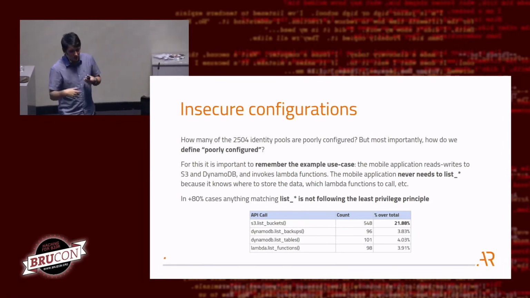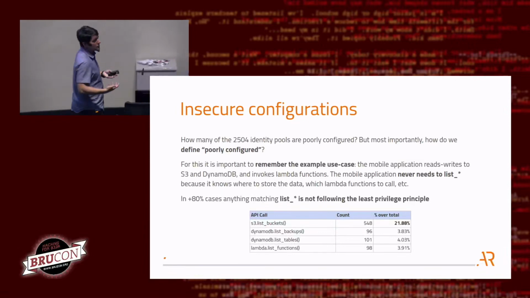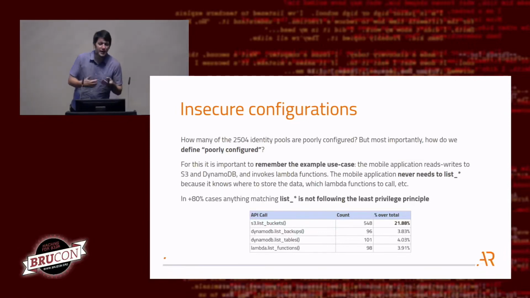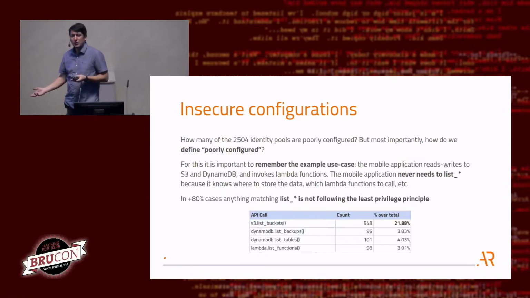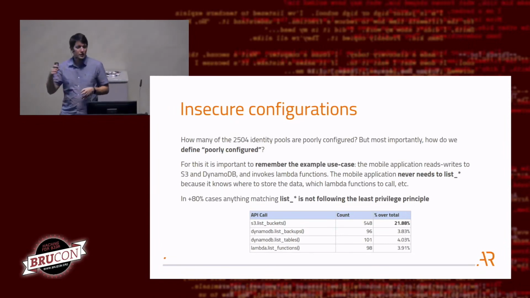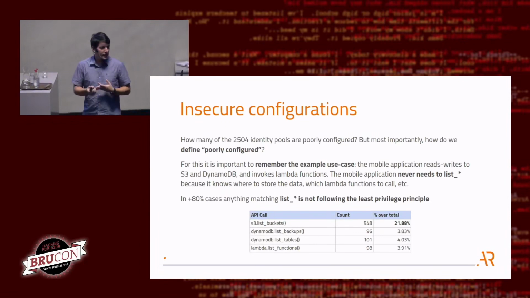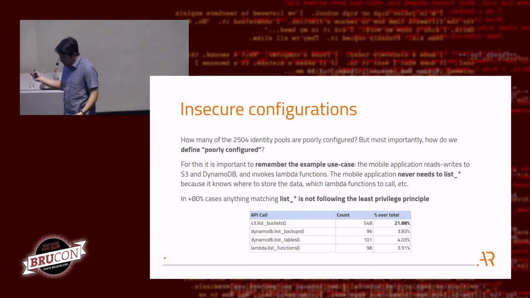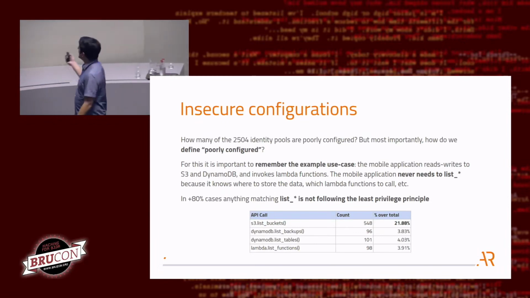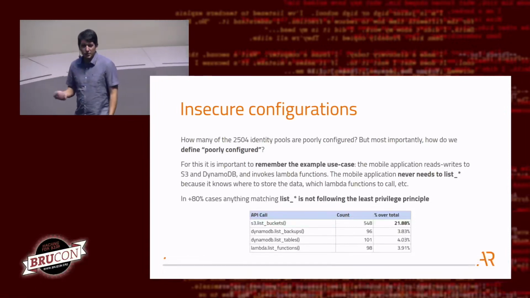And I saw no reason for almost any mobile application to have access to list buckets or list tables. And certainly there is no reason for list backups in DynamoDB.